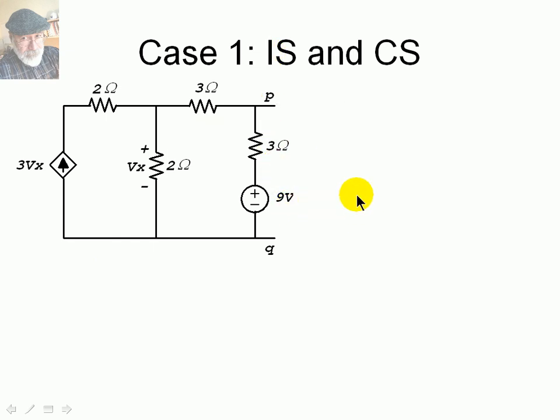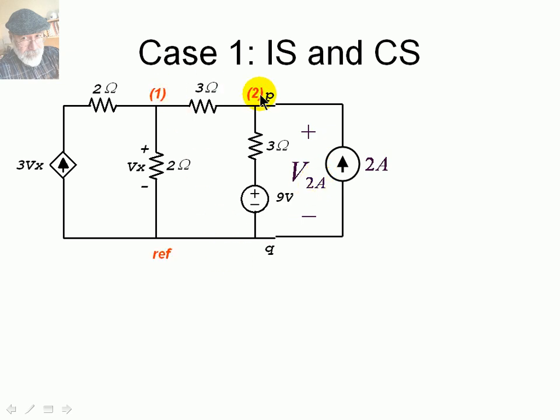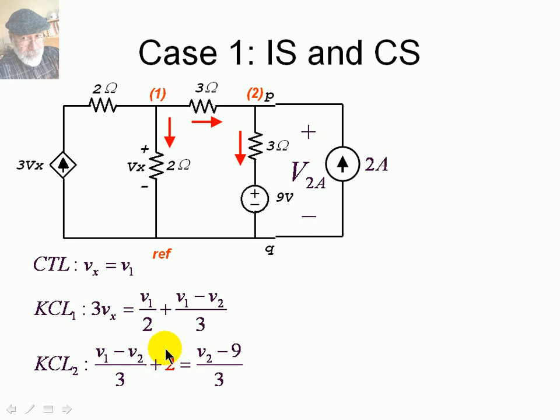Next, we're going to replace that source with a 2 amp current source. A voltage V2a will appear, and we need to find it. We use MNA again. Reference node, node 1 and 2. Branch currents, equations. Observe that this set of equations is exactly the same one as for the 1 amp test, but I have replaced 1 by 2.